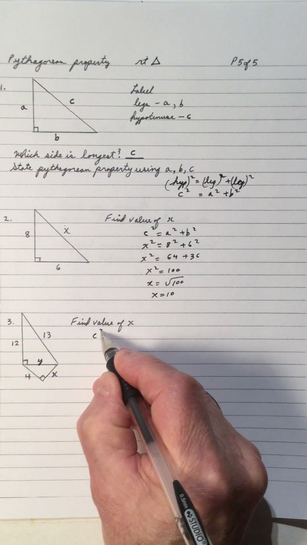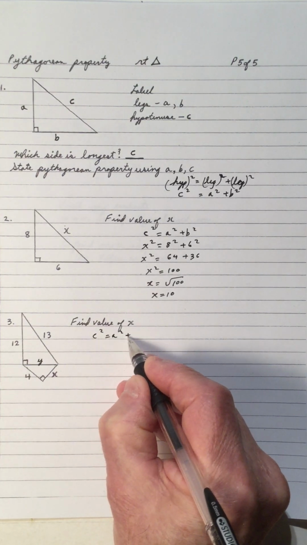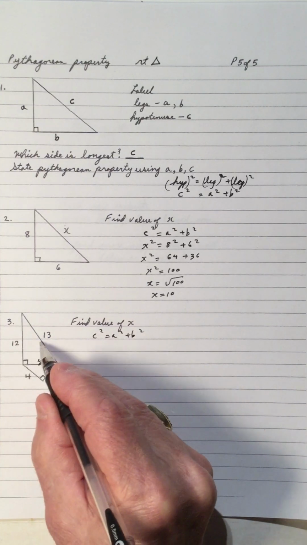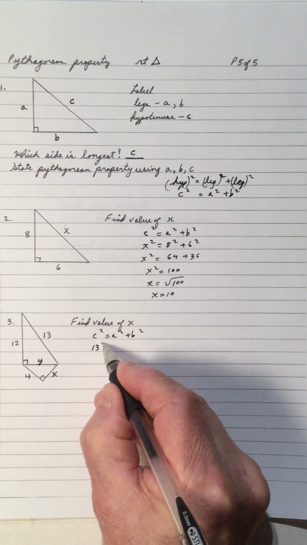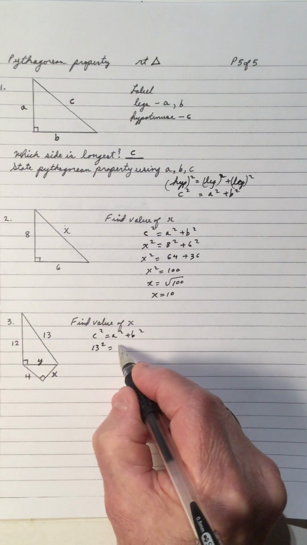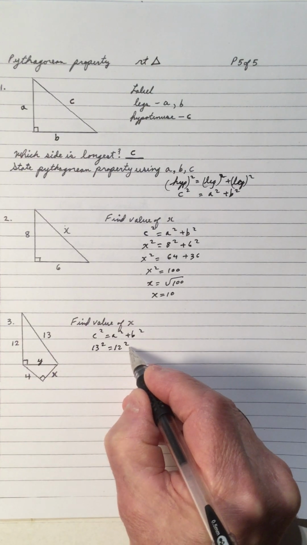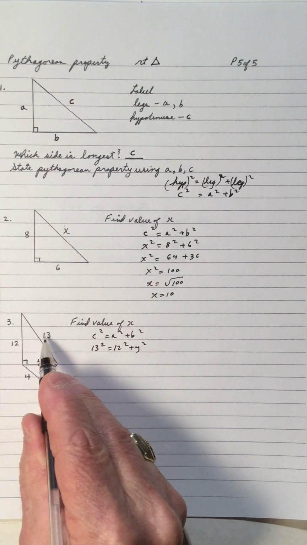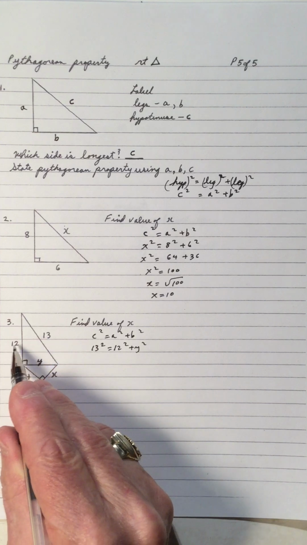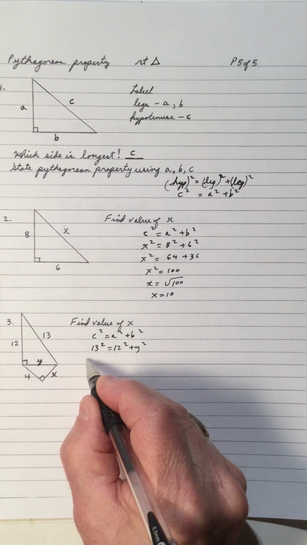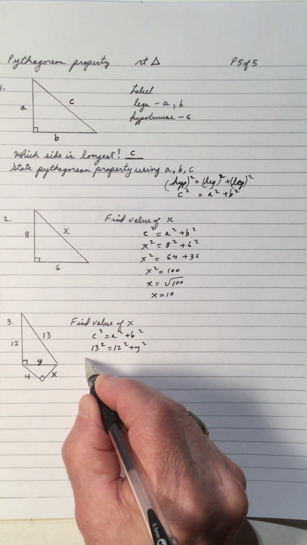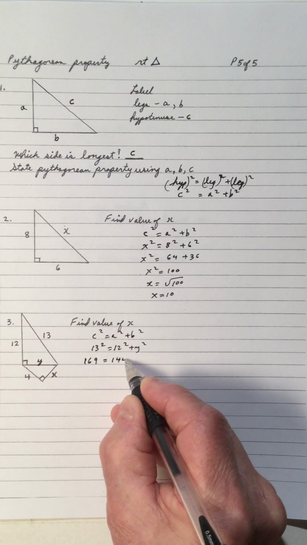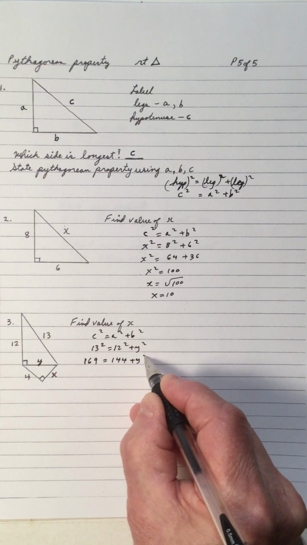So C squared equals A squared plus B squared. The hypotenuse in this triangle, opposite the right angle, is 13, and we have 12 and a y. So 13 squared is 12 squared plus y squared. 13 squared is 169, and 12 squared is 144.